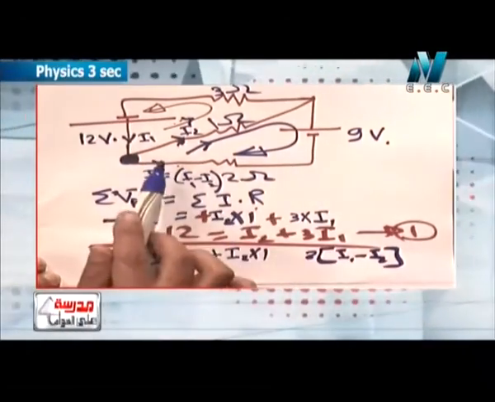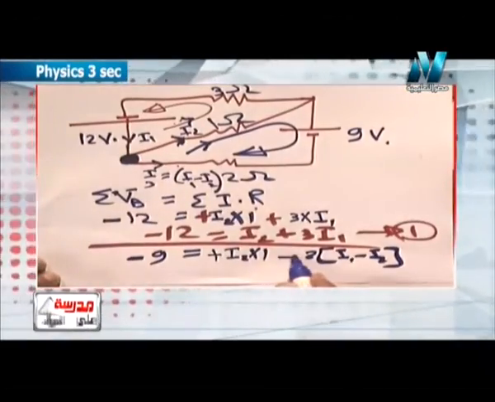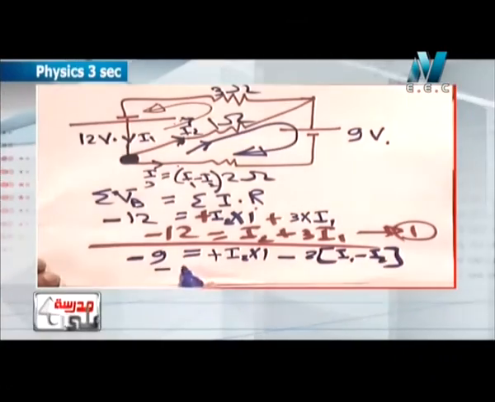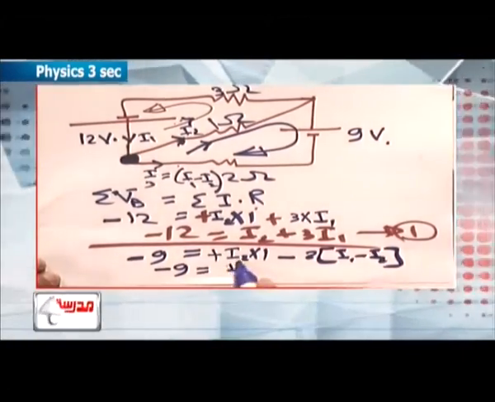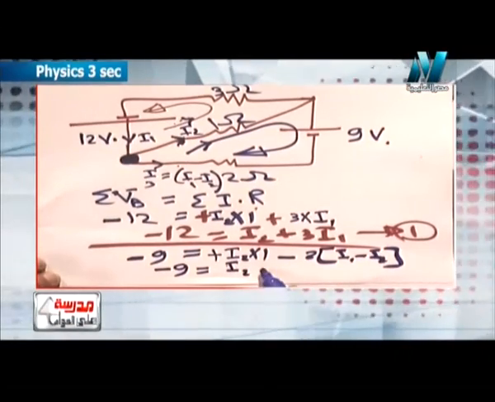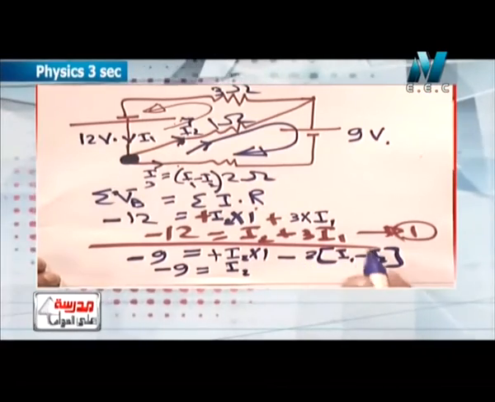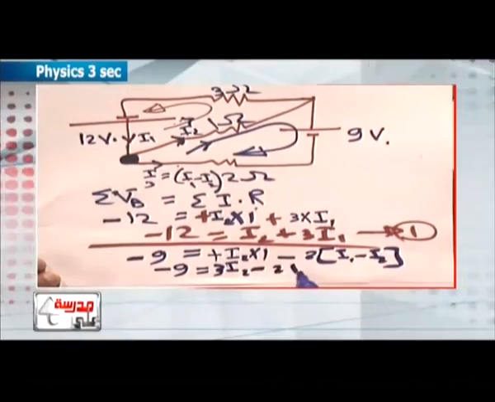If the current is opposite to the loop, the current here is negative. So we have another equation: 9 equals I2 times 1 plus I2 times 2, so 3I2, and minus 2I1.